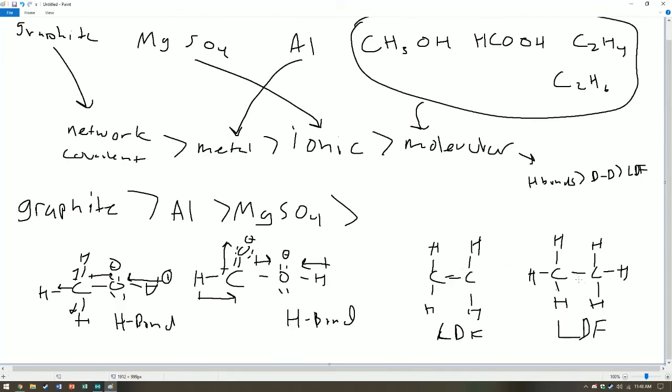Now, let me erase some of these dipole arrows here, just so we can have some clarity. So now that we've determined what each would go through, I'm going to erase my dipole arrows, just to make everything a little bit neater.